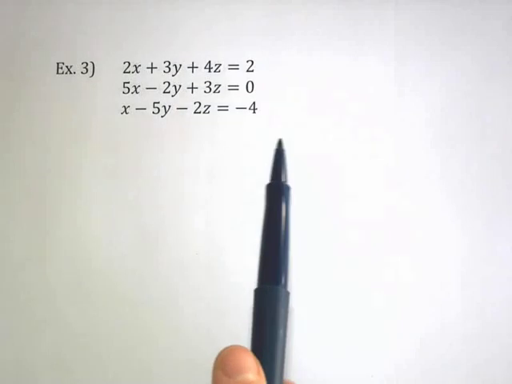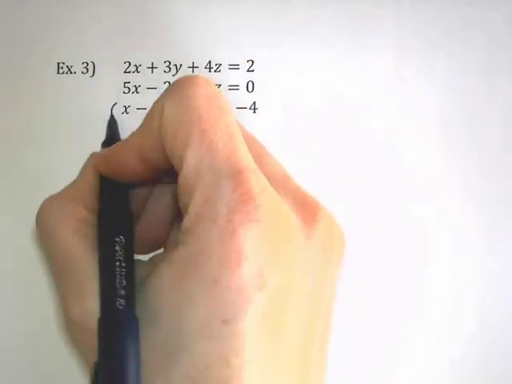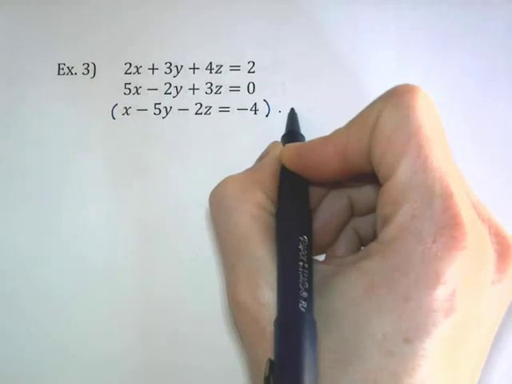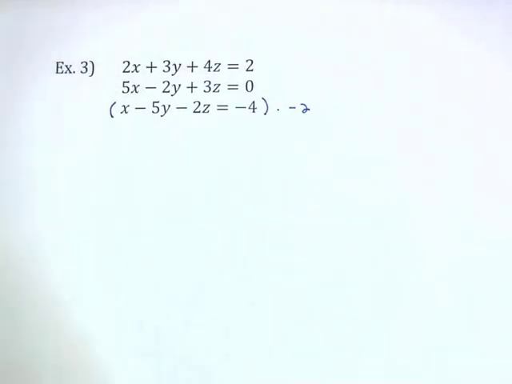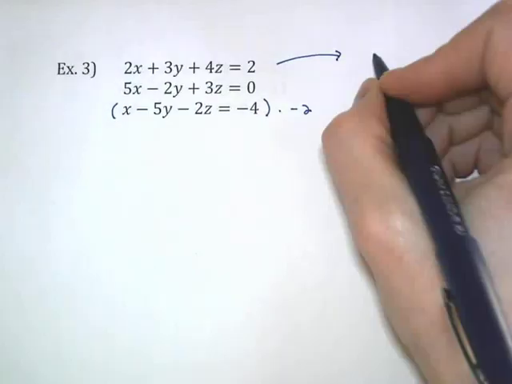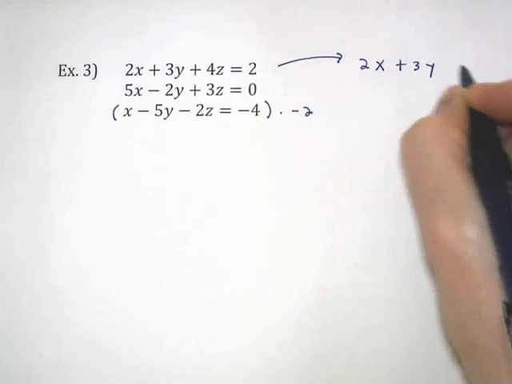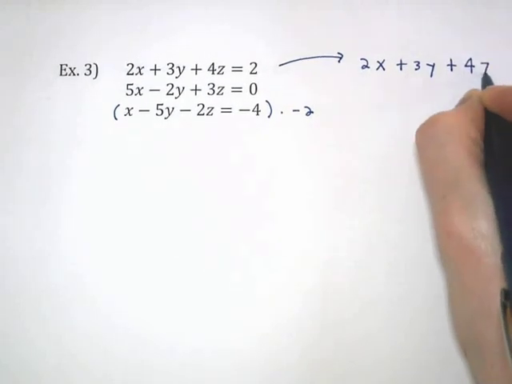And I am going to eliminate my x's, and the way I'm going to do that is I'm going to multiply this third equation by a -2. So let me just rewrite this one the way it is, since we're going to use that without changing it.